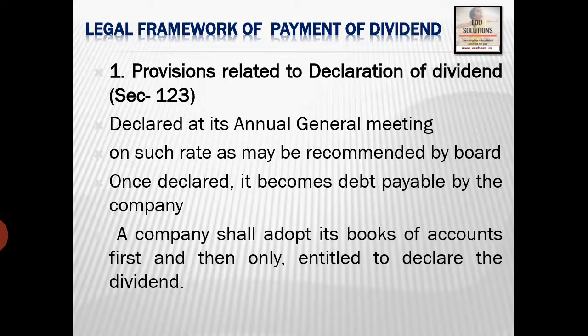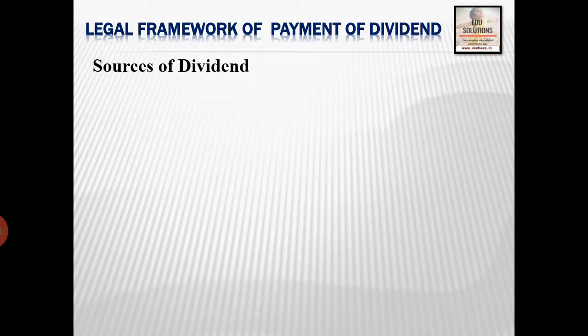A company shall adopt its books of accounts first, then only is it entitled to declare dividend. So the accounts are to be passed in the general meeting, thereafter dividend is declared. Then sources of dividend. Dividend is generally paid out of the profits of the company only.